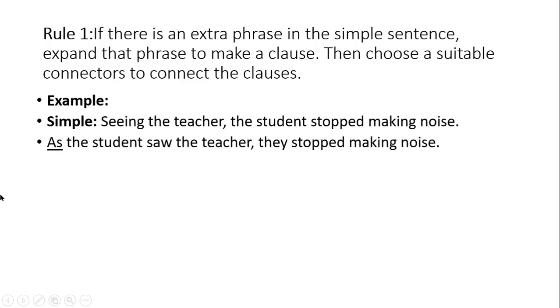So here we are going to write down: the students saw the teacher. Then we have to write down the next clause: they stopped making noise, and we have used a pronoun instead of writing the students, as the subject is the same. As the students saw the teacher, they stopped making noise.